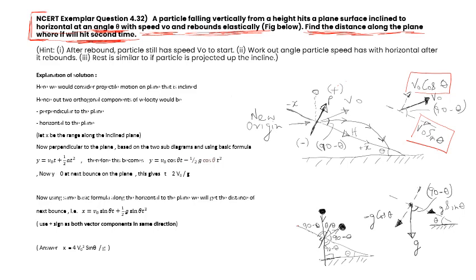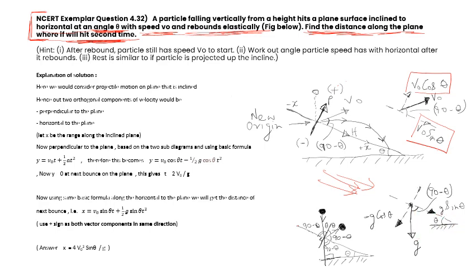Similarly, we will find the vertical and horizontal components with respect to the plane for acceleration, which is gravity. If you look at this figure below, the only other acceleration acting on this ball is gravity, and this gravity is vertically downwards. However, the plane is inclined at theta.